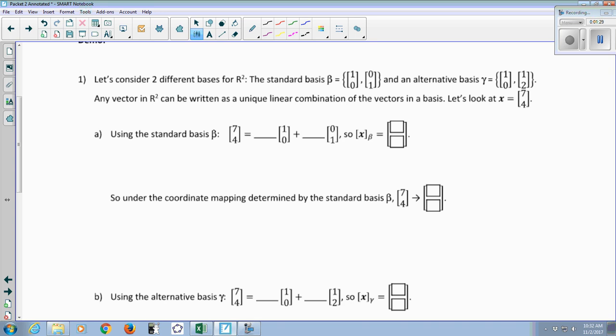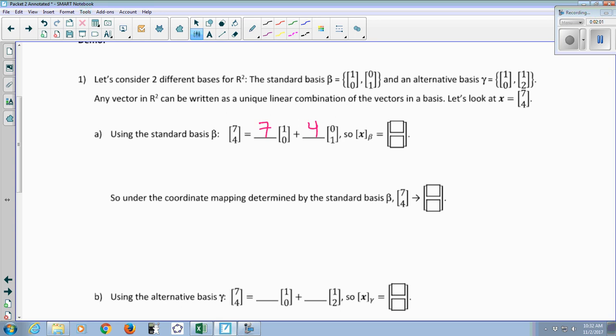So let's look at the vector (7, 4). If we're using the standard basis, I just have to figure out what weights I put on my basis vectors to build the vector (7, 4). This feels kind of stupid when you're using the standard basis because we're really used to it. We strategically chose (1, 0) and (0, 1) as the standard basis because then (7, 4) is just (7, 4), so your weights are 7 and 4.